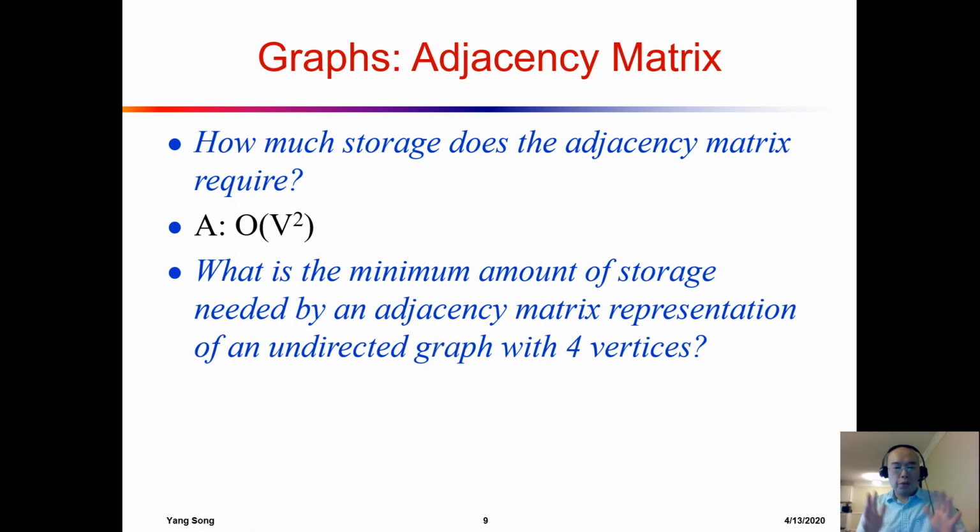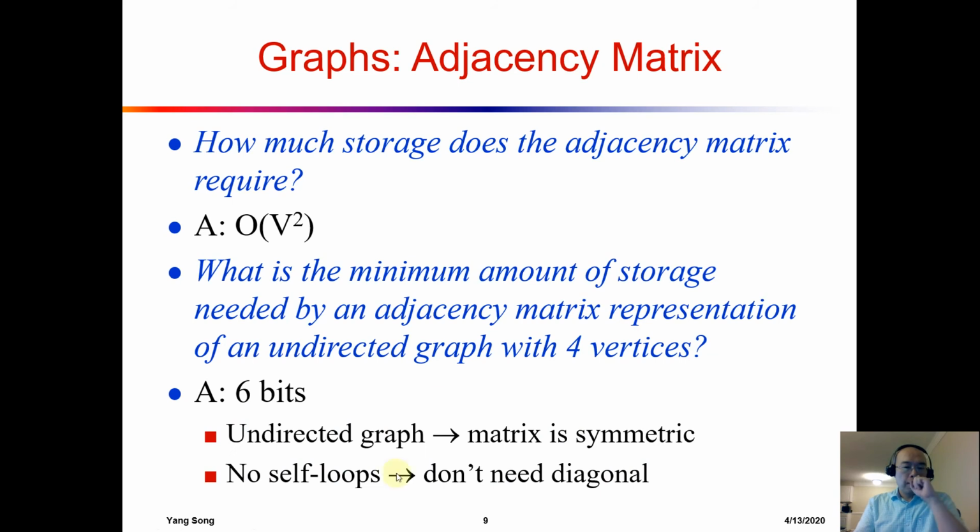Okay, so the next part, what is the minimum amount of storage needed if we just want to use an adjacency matrix representing an undirected graph? So for an undirected graph, the edge between u and v is the same as the edge between v and u, right?